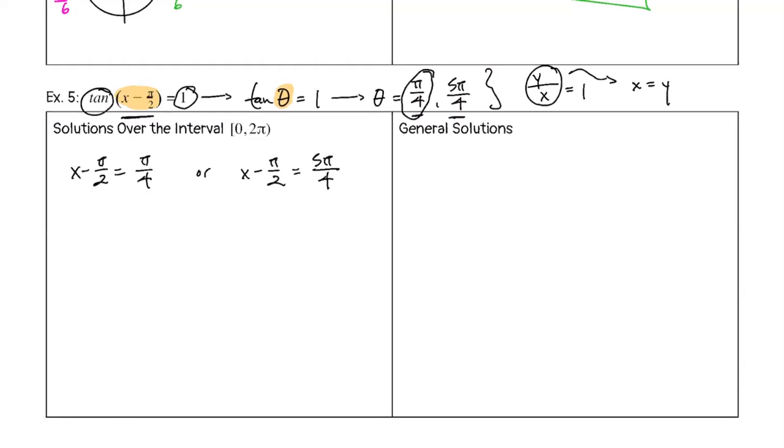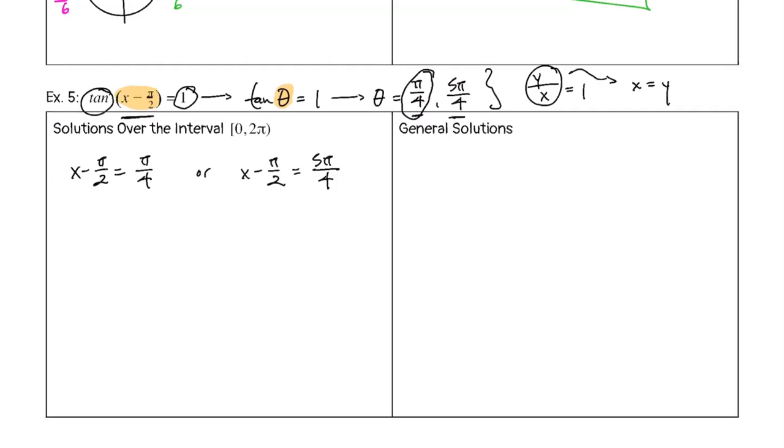So we sort of have these two pieces here. Now, because of the parentheses, and Vianney, I'm really glad you highlighted this, it does mean that we need to do a little bit of work to get the x by itself, right? Because now we don't have x yet, we have to add pi over 2 to both sides to find our x value, okay?